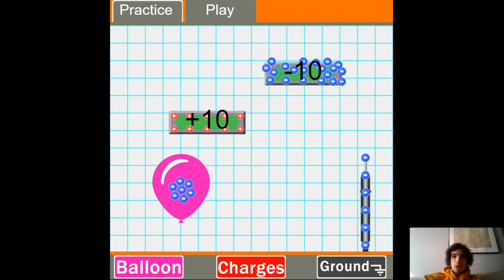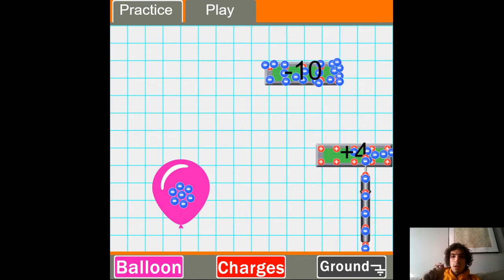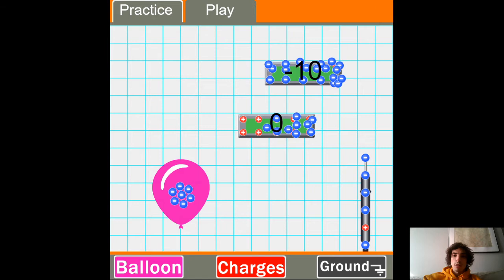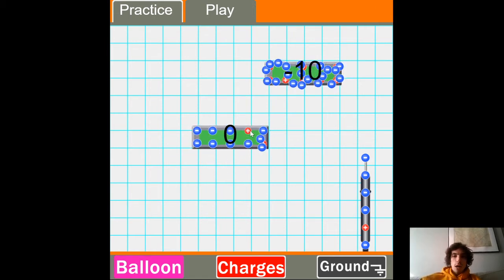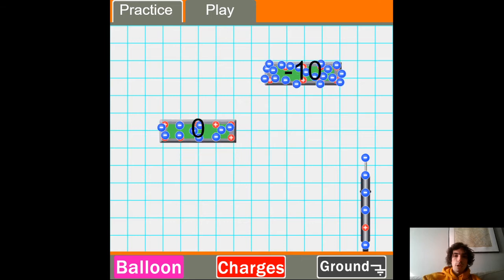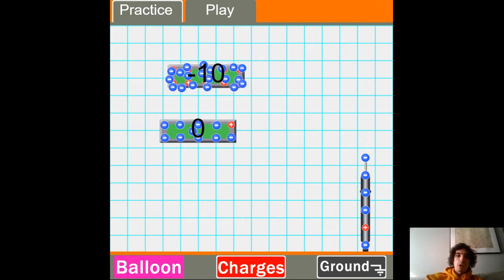So I'm going to take a second to get this rod to neutral, because we're looking at charging processes. We want to start out with a neutral rod here. So we have one rod that is neutral, it's got a charge of 0, and it's finding its way to balance out all of its positive and negative charges, but it's still overall neutral. And what we're going to do now is take this negative rod up top and just touch it to this neutral rod.